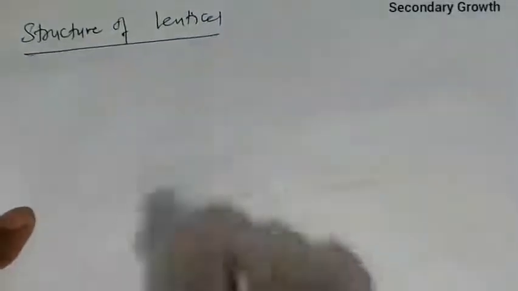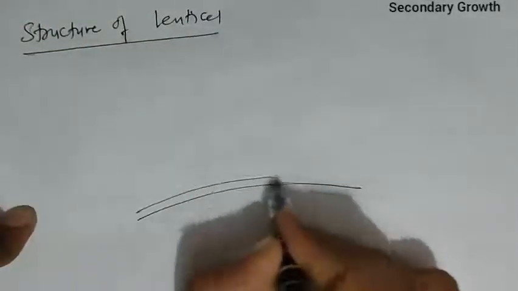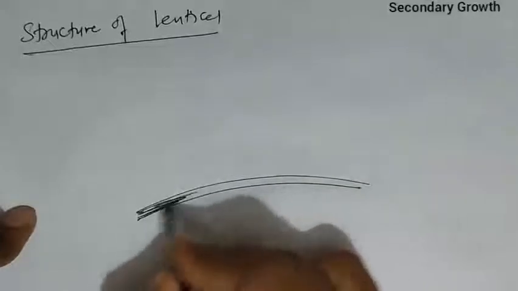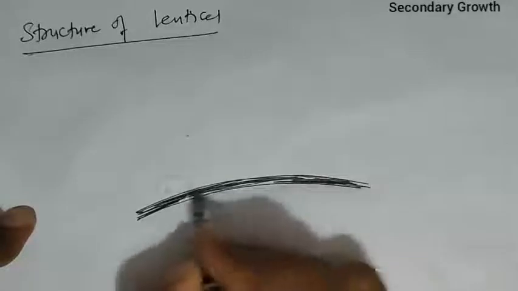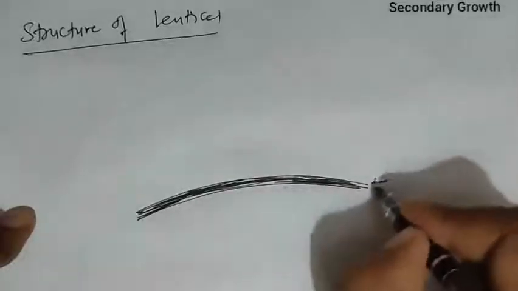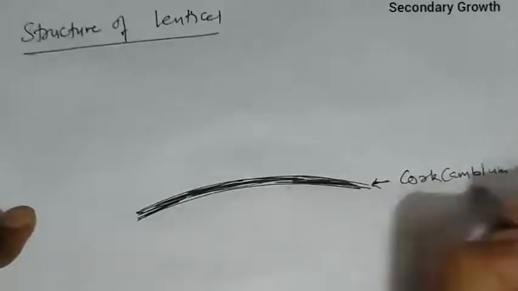So what happens at that? Next we talk about the structure of lenticel. Suppose this is a cork cambium, or phloem.